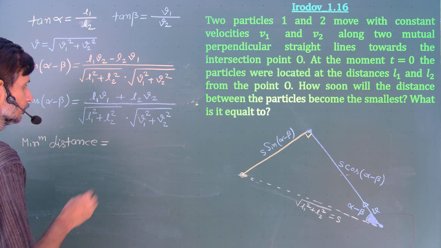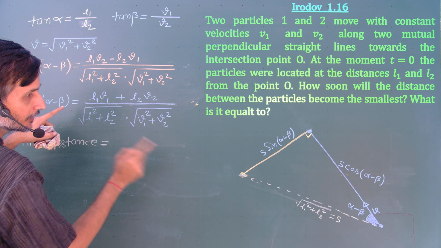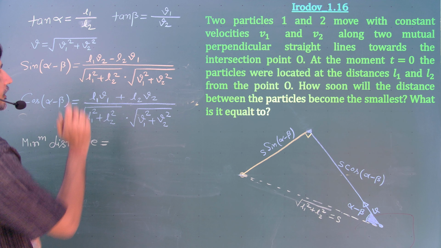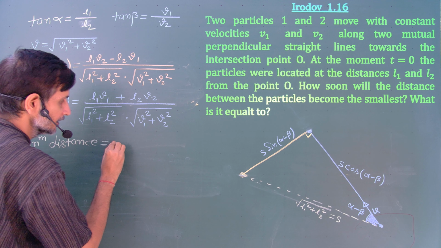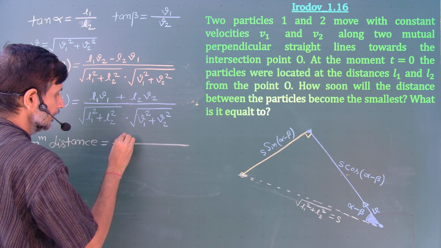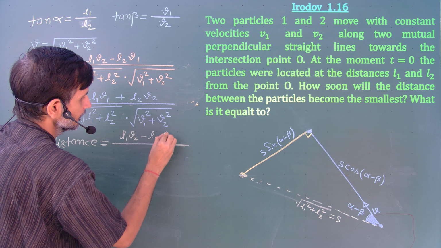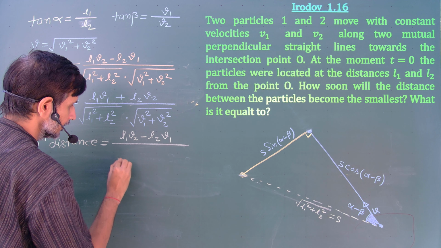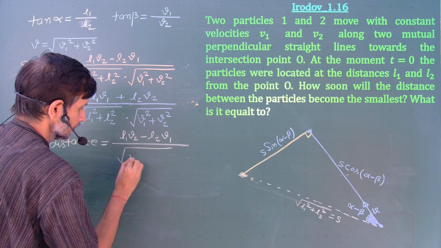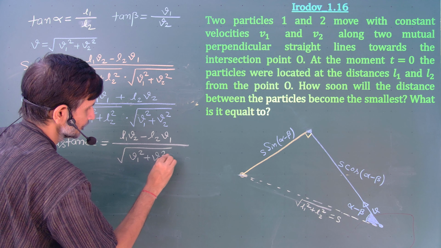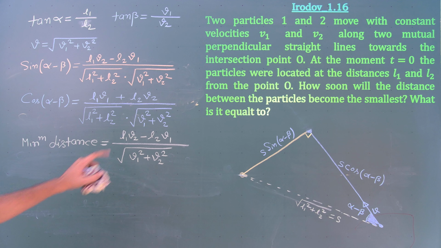So if we multiply sin alpha minus beta into this, this number will be cancelled out. So minimum distance is L1 V2 minus L2 V1 divided by under root V1 square plus V2 square. So this is my first answer.